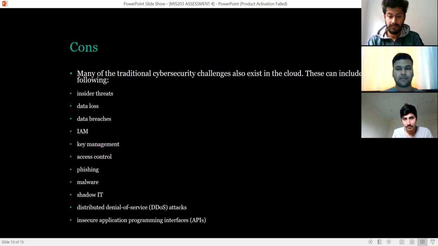Many of the traditional cybersecurity challenges also exist in the cloud. These can include the following: insider threats, data loss, data breaches, IAM, access control, shadow IT, and insecure application programming interfaces. As for cloud security challenges specifically, administrators have to deal with issues that include the following: cloud account hijacking, lack of cloud visibility and control, misconfigurations, multi-tenancy concerns, cloud compliance, and cloud governance.